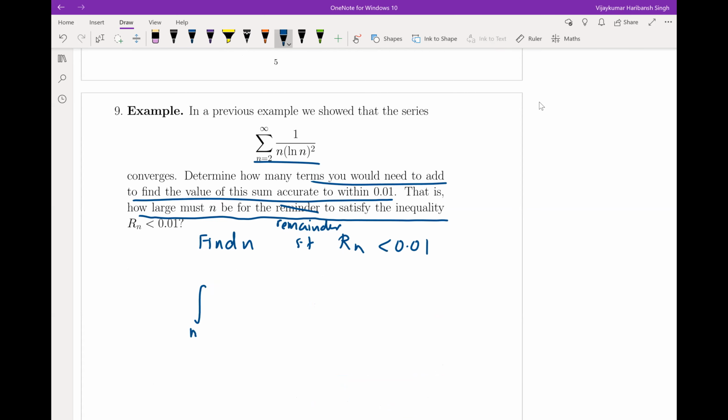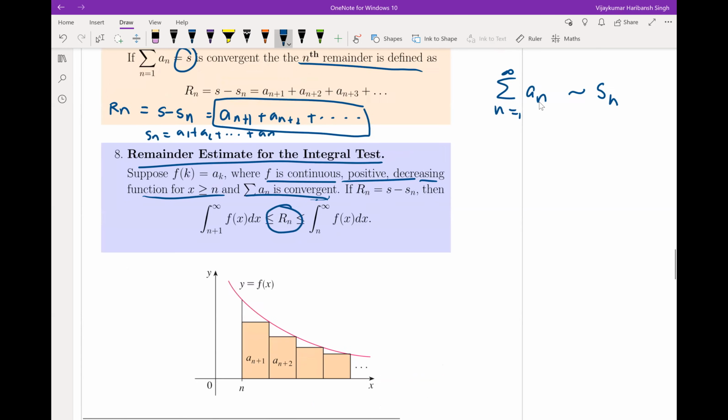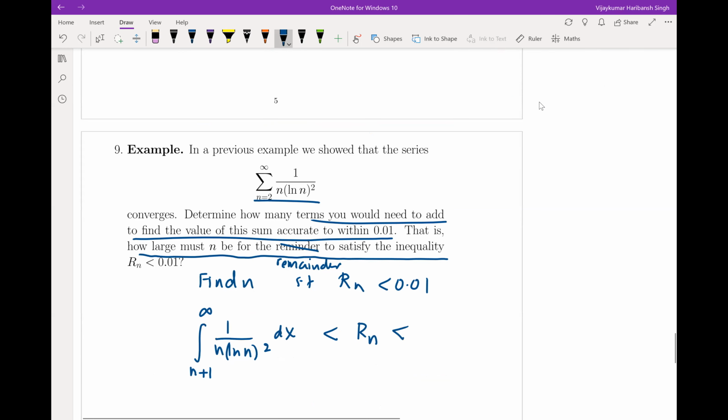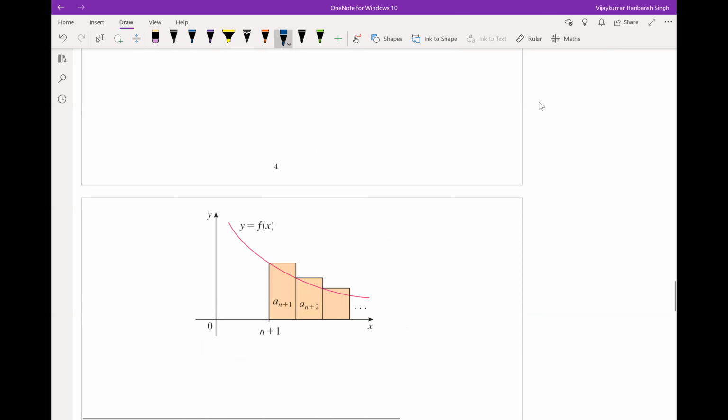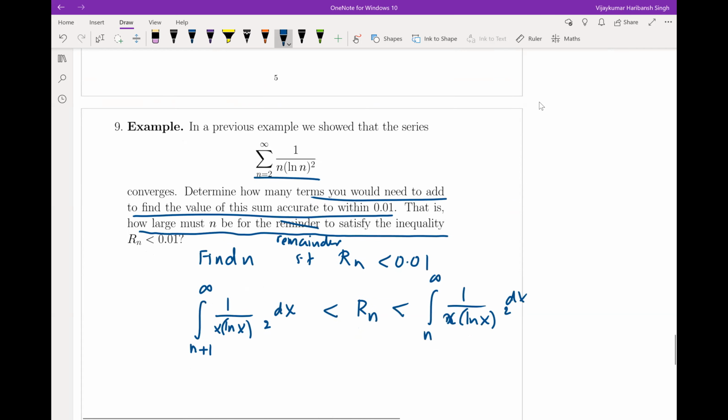Rn is going to be between the integral from n plus 1 to infinity of 1 by x ln x square dx, and the integral from n to infinity of 1 by x ln x square dx. So your Rn is sandwiched between these. So this is what your bound on Rn is.